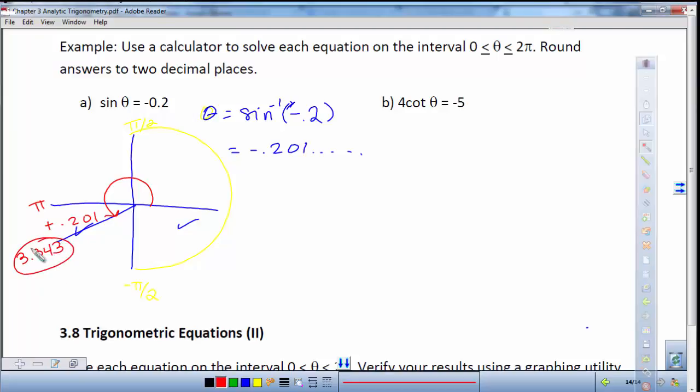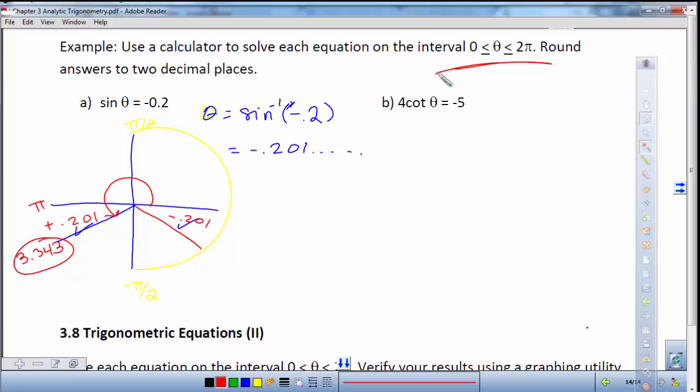All right, and then we had an answer over here that was negative 0.201. Well, that's not going to work for me because we want solutions where? Where do they tell us to put our solutions? Between 0 and 2 pi. This is negative. It's not between 0 and 2 pi. So how can I get an equivalent or a coterminal angle between 0 and 2 pi? I just need to add 2 pi to the negative 0.201 number.